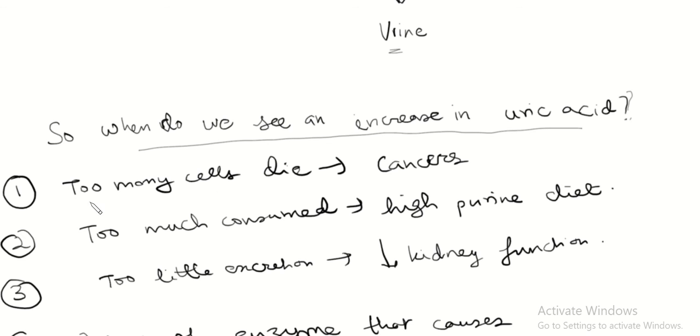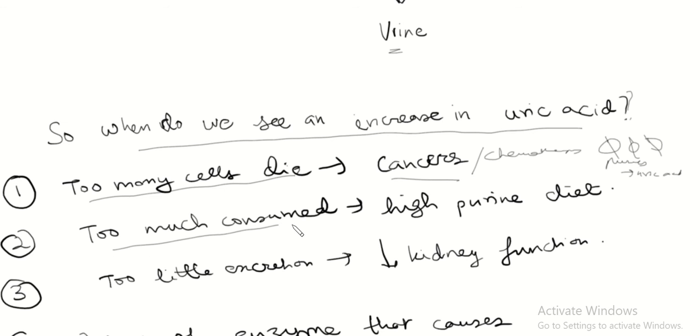So if too many cells die, let's say if I have cancer and I get chemotherapy and that kills a bunch of my cells, they're all going to release these purines that are going to give me lots and lots of uric acid. Okay. Well, what if I eat too much of these purine-rich foods? Remember that 20%? Again, I'll get a lot of purines.